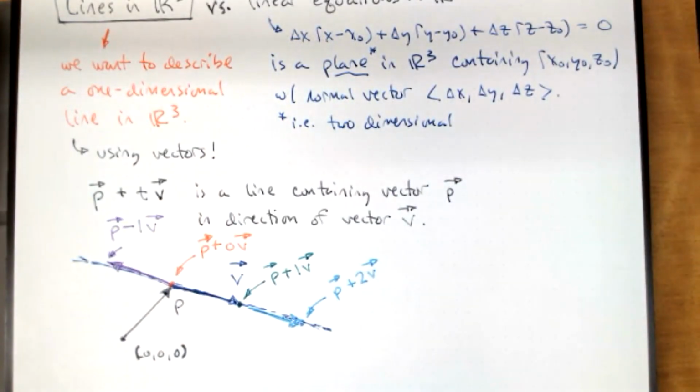So P determines a starting point and V determines a direction, just like we know linear equations are supposed to do. We have a starting point plus a direction.